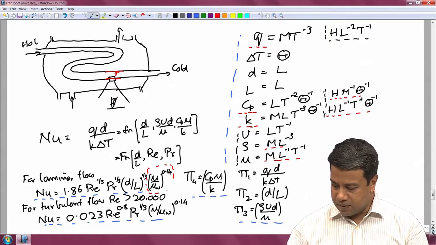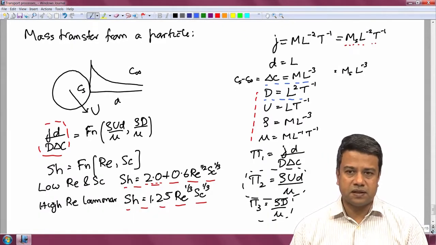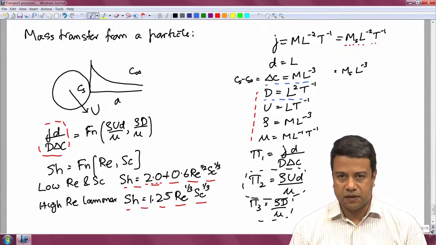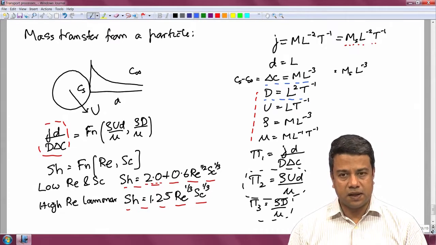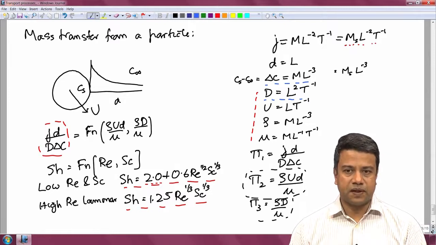Similarly, for the problem that I had talked about in the first lecture, of the mass transfer from a spherical particle, we had once again written down an expression for the average flux, depending upon the concentration difference between the surface of the particle and the ambient air, which is dry, in the case of water evaporation.